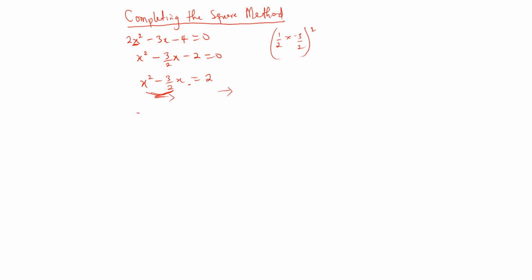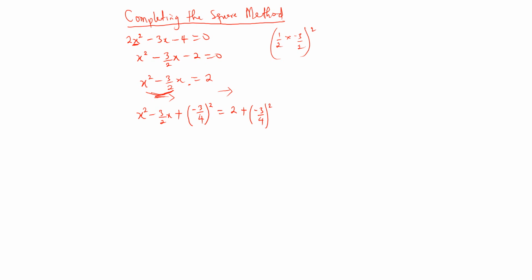So we have x squared minus 3 over 2x plus. Now they know the reason why they are adding what they are adding, because they have done that before. So minus 3 over 4 squared, and add the same thing to the other side, plus minus 3 over 4 squared.